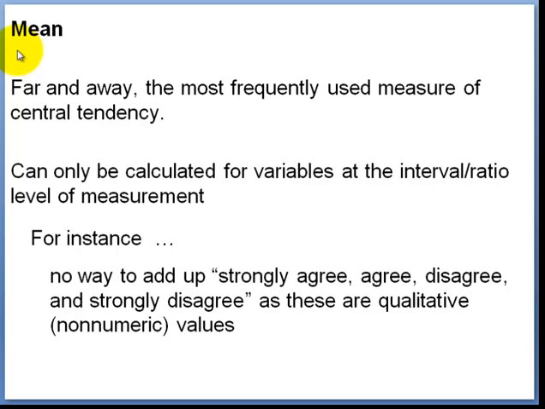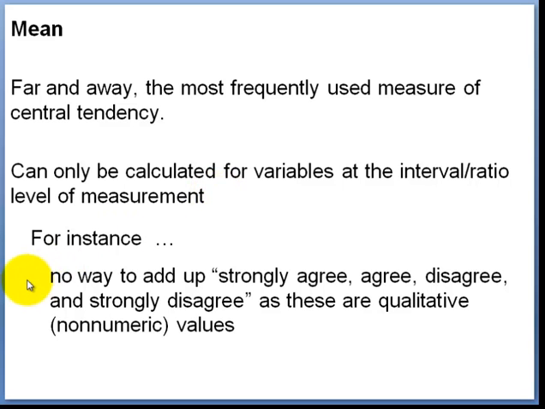And the mean is far and away the most frequently used measure of central tendency. The mean can only be calculated, which is to say it only makes sense for, is only valid for, variables that are at the interval ratio level of measurement.